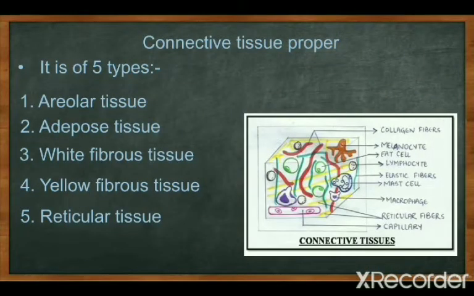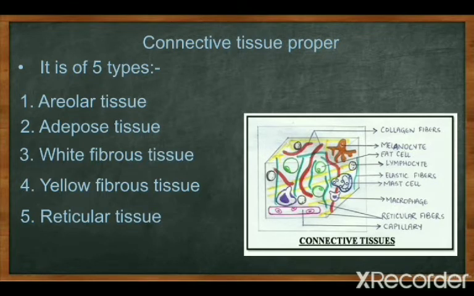is connective tissue proper. As its name says, it is properly distributed in our body, and it is present in maximum amount. It holds the various organs or the various tissues. It can be further divided into 5 parts.